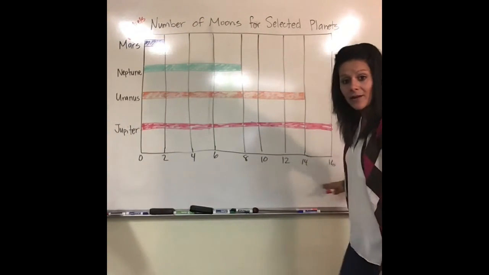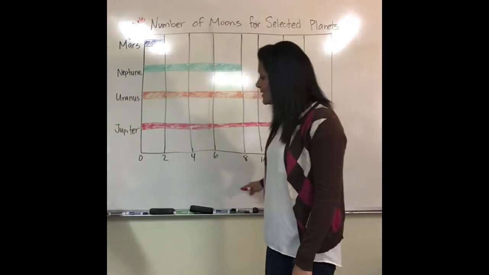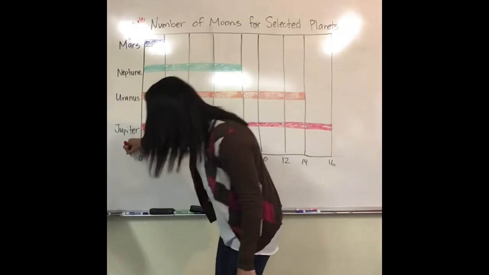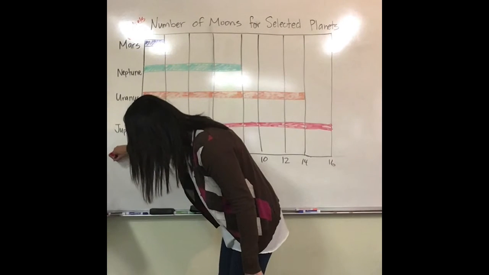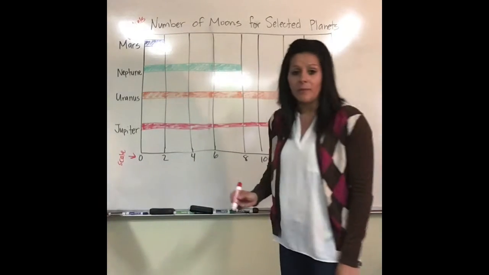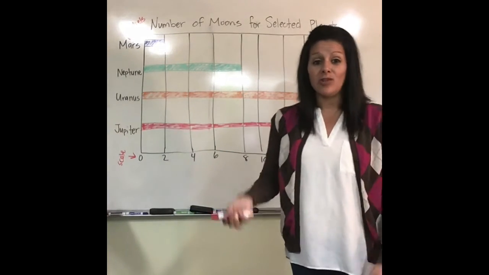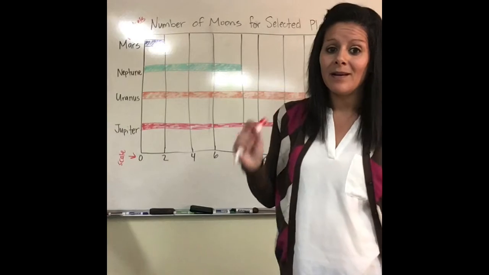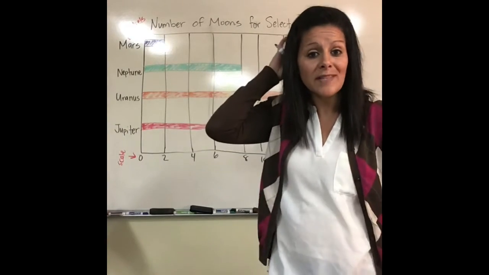These down here today, these are the scale. So you remember how in pictograph it was a scale? These are a scale, okay? Now, I'm going to tell you right now that you should be pulling out your folder to write this information down.